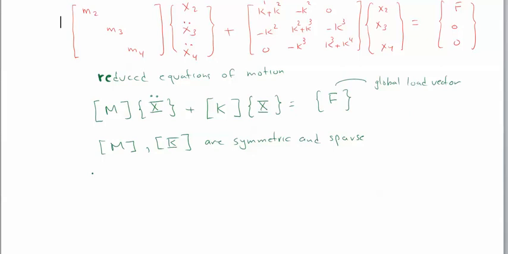Now, in your course 85-220, numerical analysis, you were exposed to the process behind solving a system of differential equations.